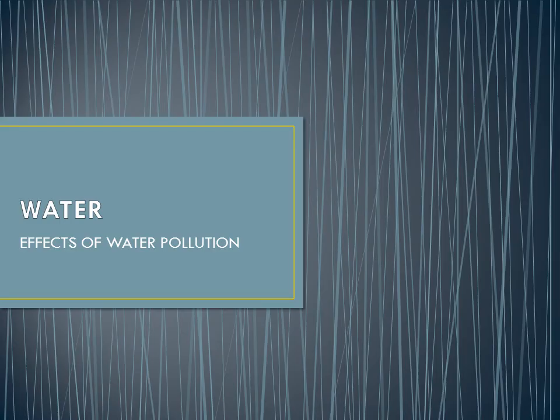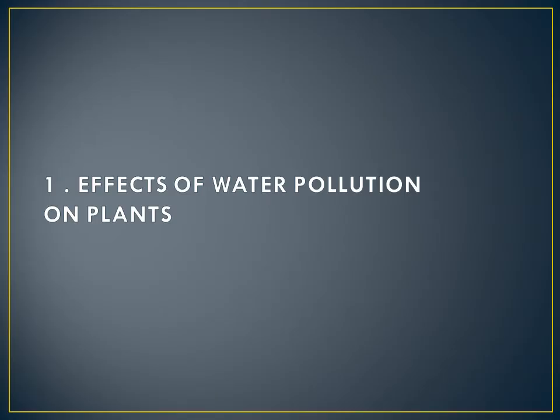And today our topic still is water. The subtopic is effects of water pollution. Pupils, effects of water pollution on plants. But before that, we have effects of water pollution. Water pollution has negative effects on both living and the non-living components of the environment.